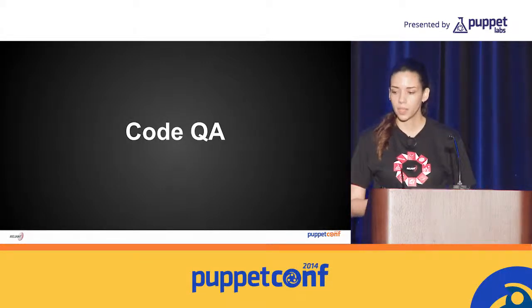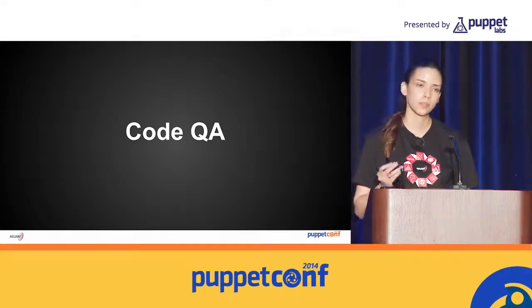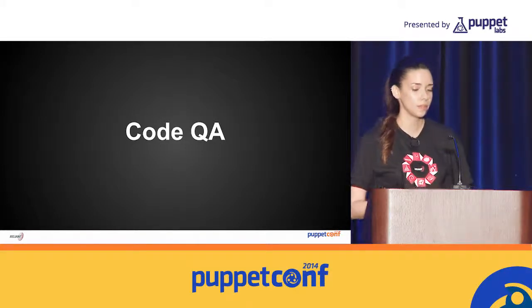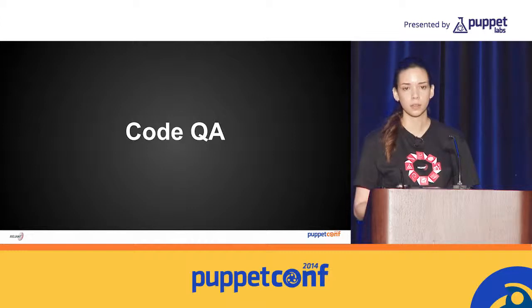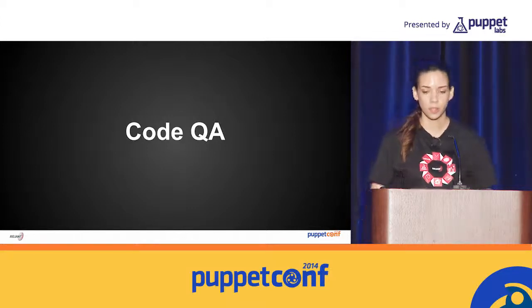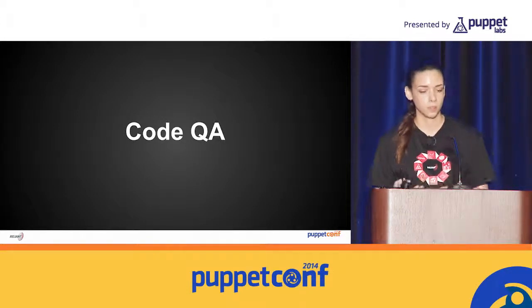For quality assurance, there are several ways to do that, and some guidelines and tools available on the internet, on GitHub, on the Puppet Labs blogs and documentation. And it can ensure the correctness of your manifest in the production environment.